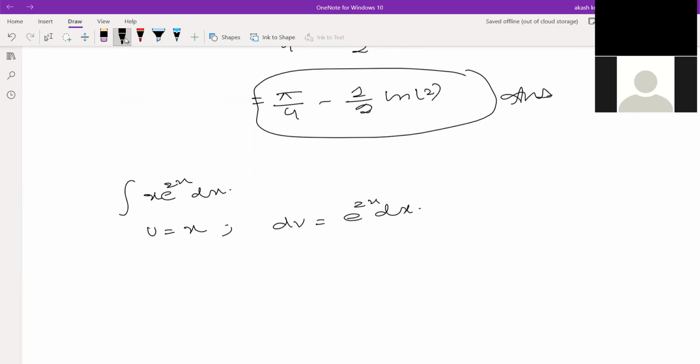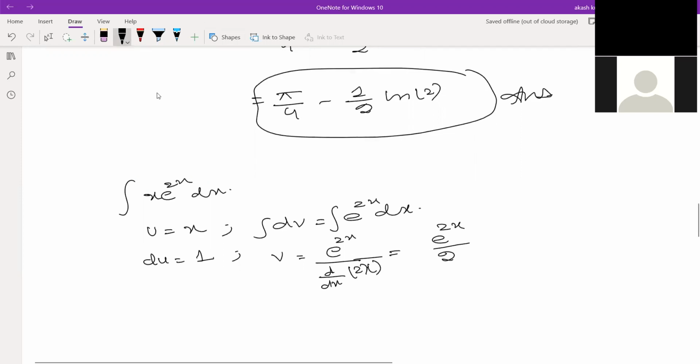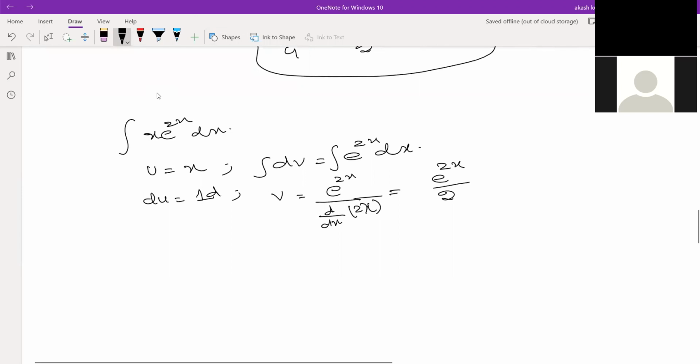Now we have du is equal to 1, and taking the integral of dv will become v, which is equal to e raised to the power 2x, and then the differential of 2x. So it becomes e raised to the power 2x divided by 2. And it becomes 1 dx. So du is equal to dx.